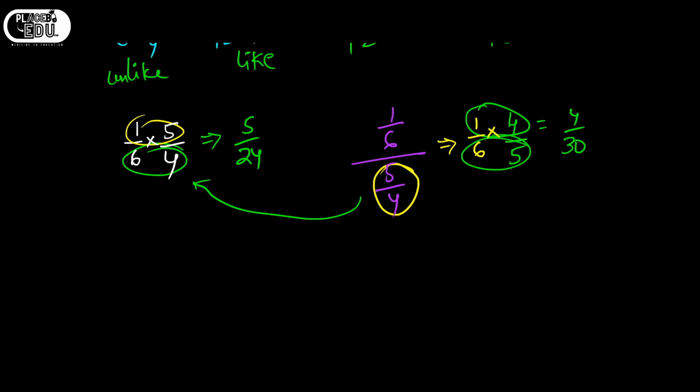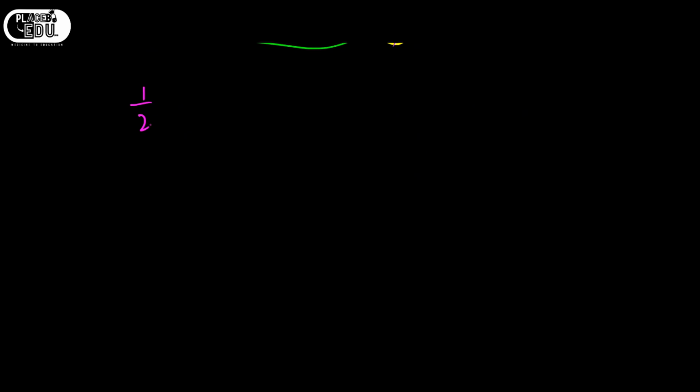This is okay. What if we have 3 fractions? How can we add or subtract? For example, I have 1 by 2, 1 by 4, 1 by 8. I have 3 fractions. How to do that? First of all, I have to find the sum of it. So I am writing here 1 by 2 plus 1 by 4 plus 1 by 8.